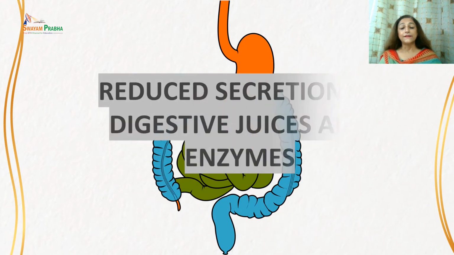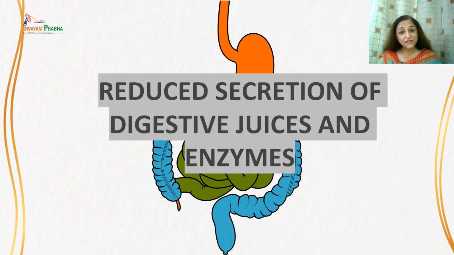And when we talk about the digestive system, the secretion of certain digestive enzymes and digestive juices also declines with age. And this causes incomplete digestion, or the food remains longer in the stomach for the digestion process.